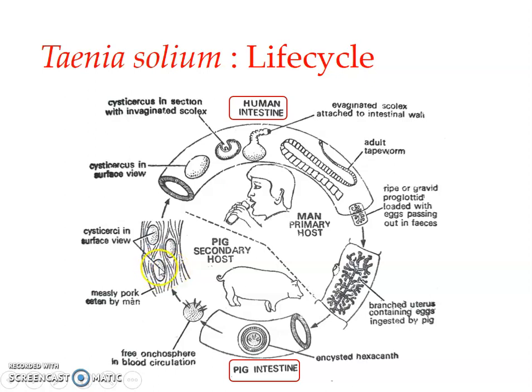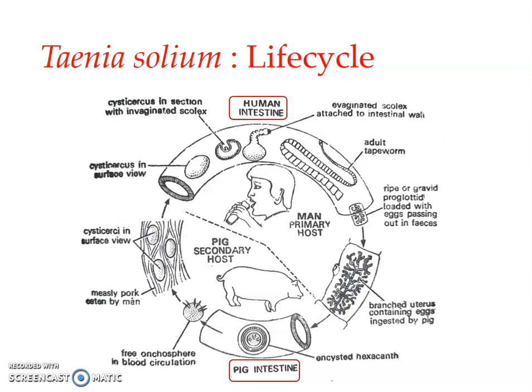And it will remain as such in the cysticercus stage itself till it enters the human intestine, right? So in the pig's body, these cysticerci, in plural, may lead an inactive life but remain viable for several years. That is, for several years it can remain in inactive life, and then whenever a favorable time comes, that is, whenever it reaches the human intestine, it will develop into the adult tapeworm.